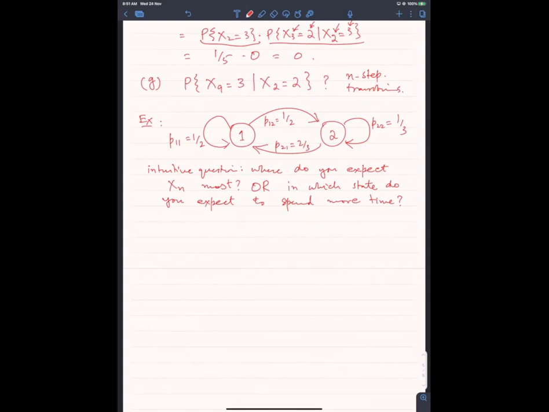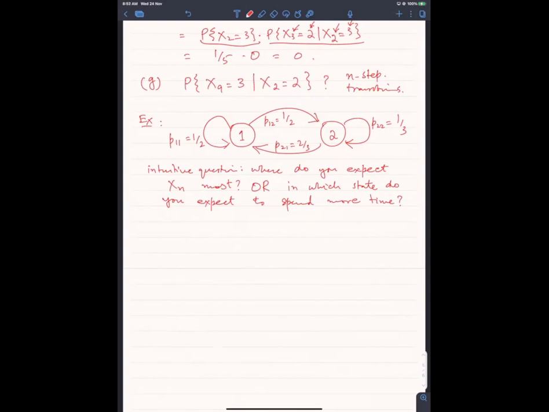Anyone can answer? Answer is correct. You would expect कि स्टेट 1 में relatively ज्यादा टाइम स्पेंड हो रहा है और स्टेट 2 में relatively कम टाइम स्पेंड हो रहा है.